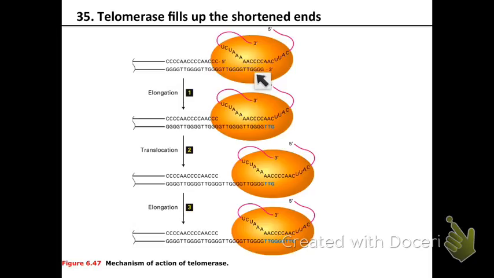So the synthesis goes from this end and continues. And once it's done synthesizing this whole thing, it slides a little bit further off, and again synthesizes new DNA, successively increasing the length of the telomere, right?